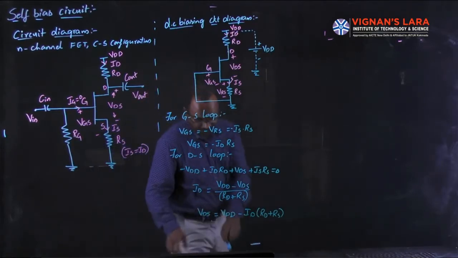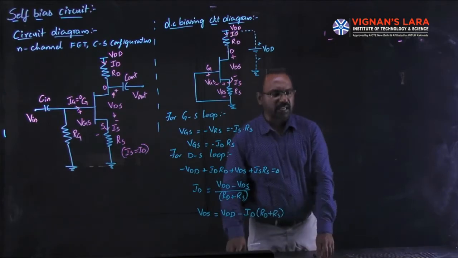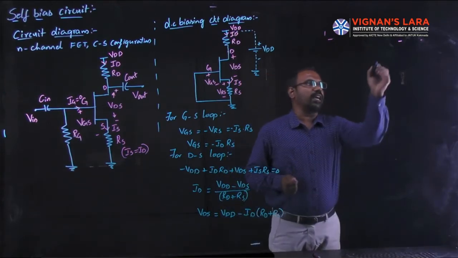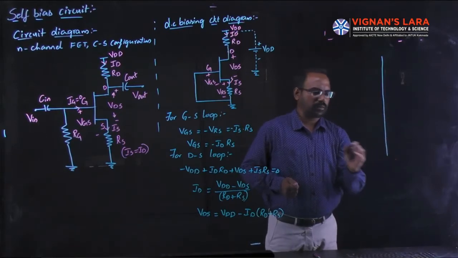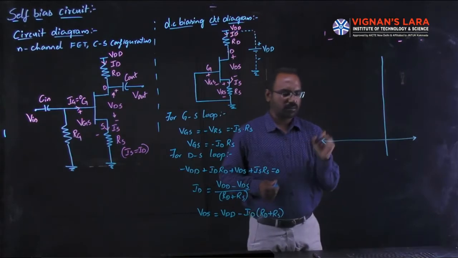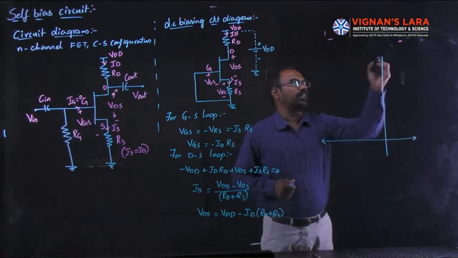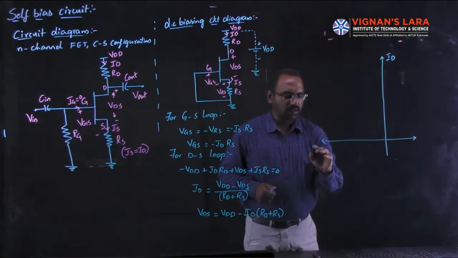So now if we can represent graphically, I am drawing the transfer characteristics. The transfer characteristics are like this. The transfer characteristics are drawn between ID and VGS.